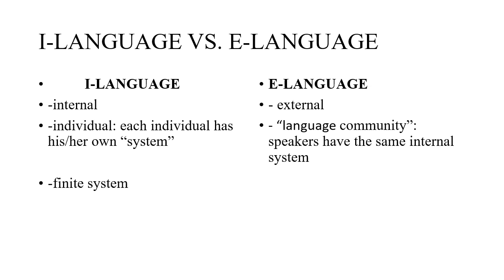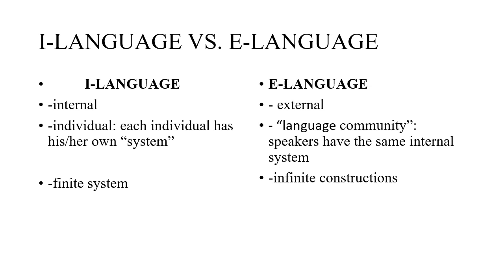If they share the same system, then we assume that they know the same language. Another difference between the I language and the E language is that the I language is finite, while the E language is going to be infinite. What do we mean the E language is infinite? Well, imagine that I say a sentence. I say, for example, I like apples. You can say, oh, I can say a longer sentence than that.